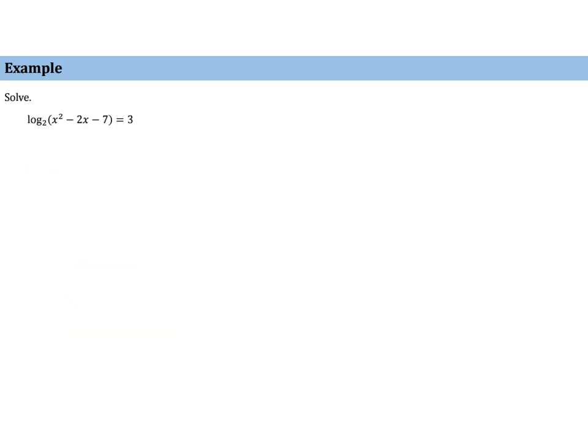So now let's take a look at this logarithm. So if we convert this to an exponential, we would have 2 raised to the third power equals our x squared minus 2x minus 7. So we have 8 equals x squared minus 2x minus 7.